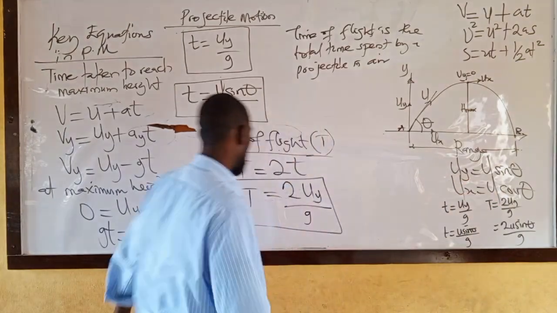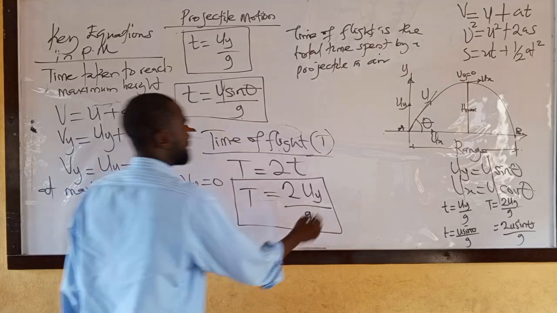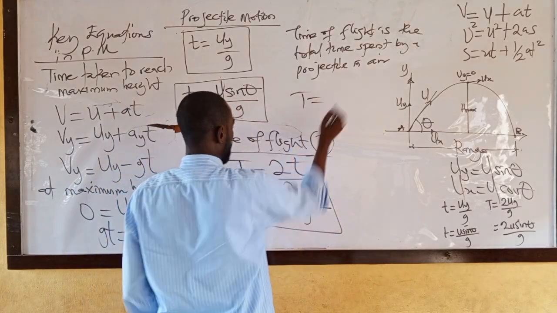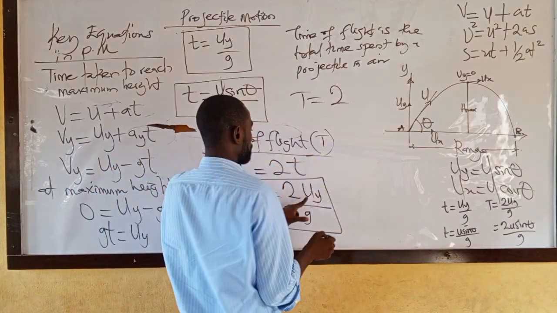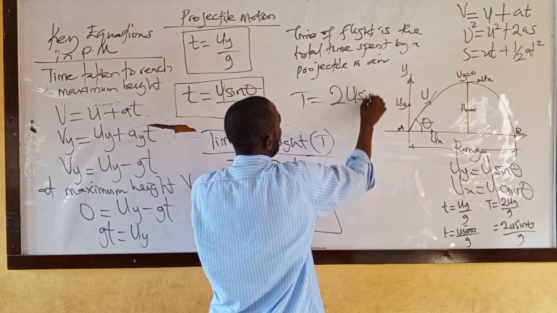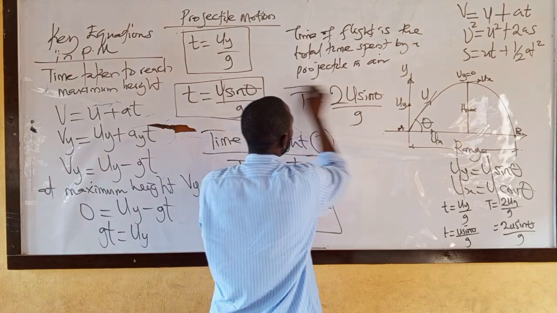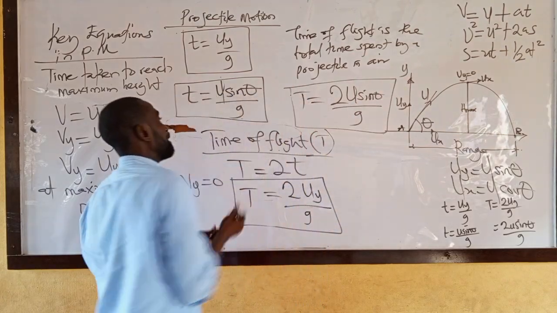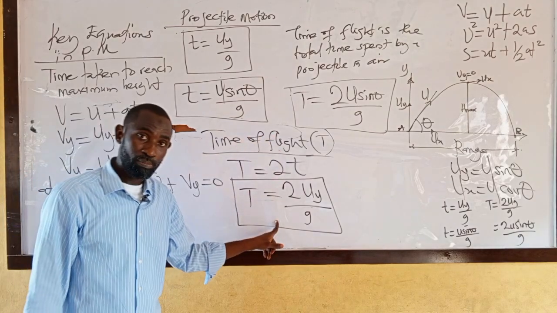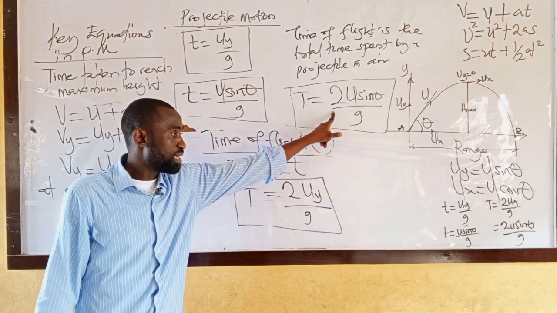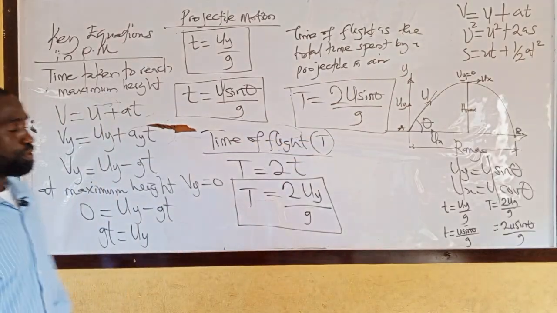So time of flight can also be given as 2u sin theta over g. We have this formula that we can apply for time of flight, based on the question given.